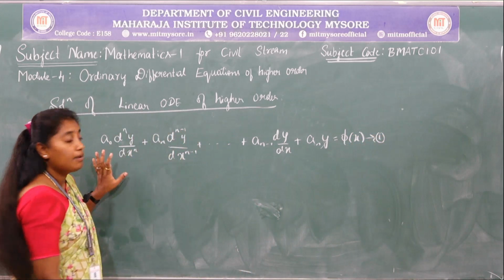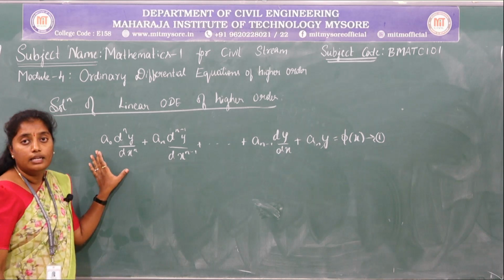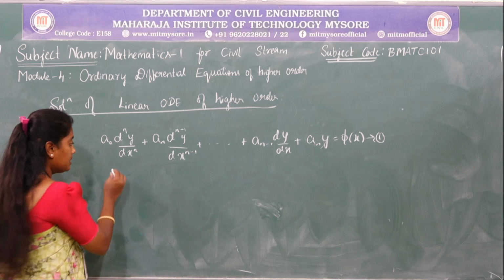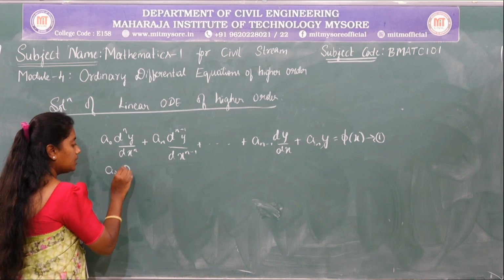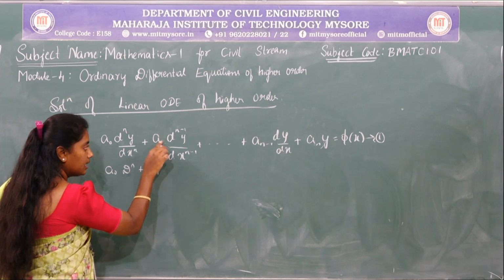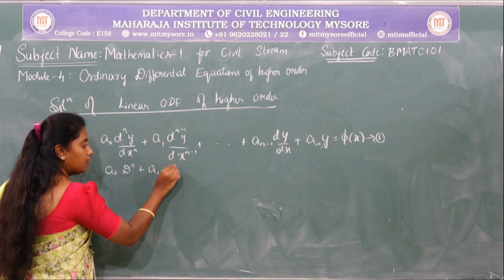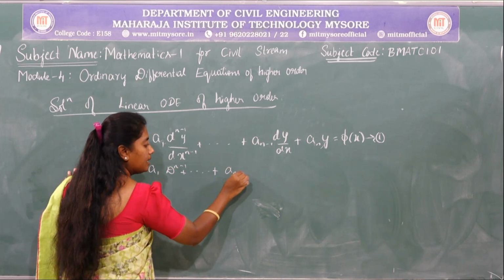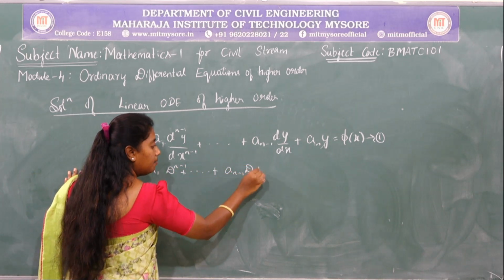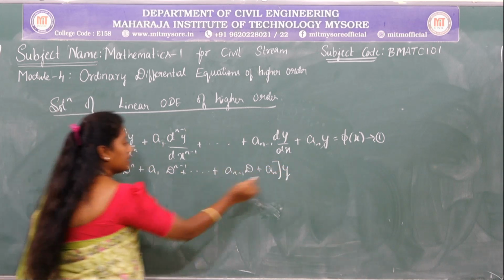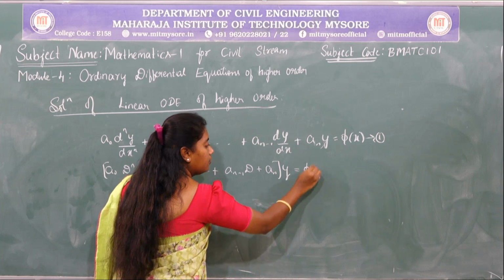So, this type of equation is called higher order linear differential equation. This equation can also be written as a naught D to the power n plus a1 D to the power of n minus 1, continuing like this, a n minus 1 D plus a n of y is equal to phi of x.